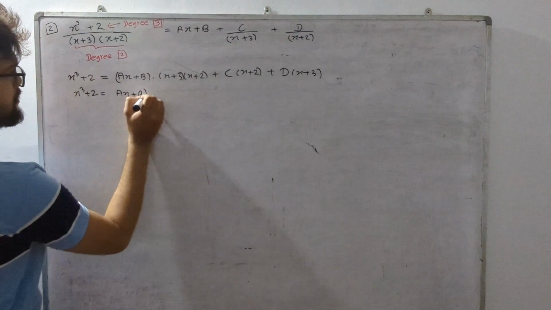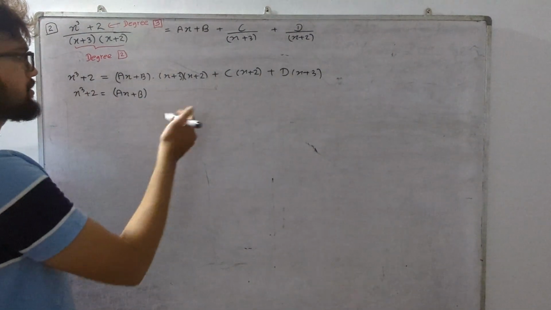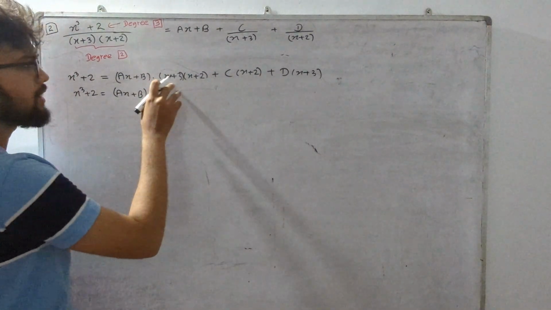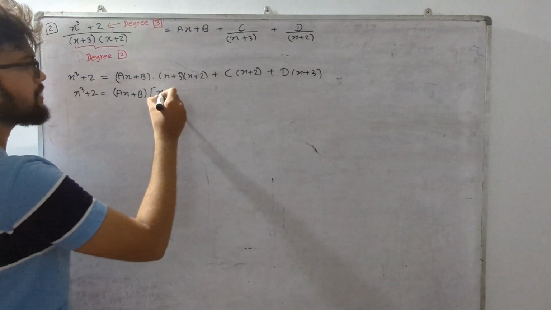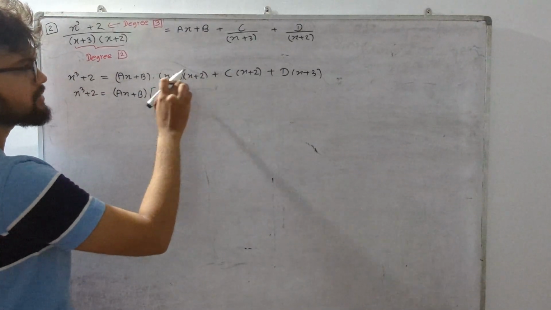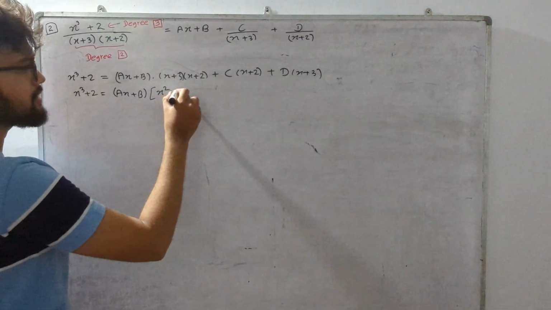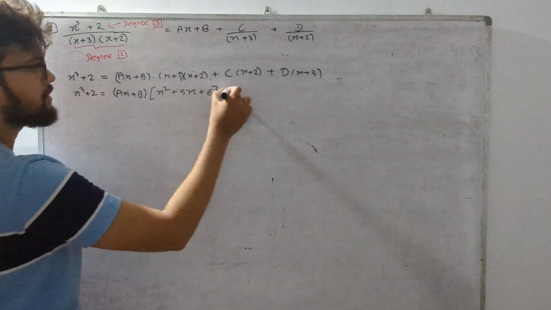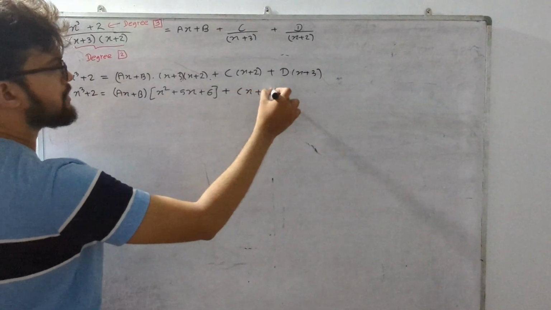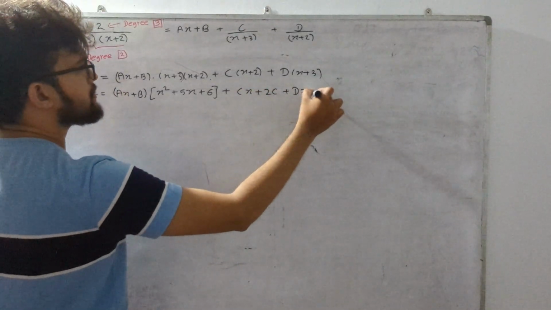x cube plus 2 equals, I am keeping these terms like previous, but I am going to solve these two terms. x into x is x squared, 2x, 3x, 2x plus 3x equals 5x, 3 into 2 equals 6, plus cx plus 2c plus dx plus 3d.